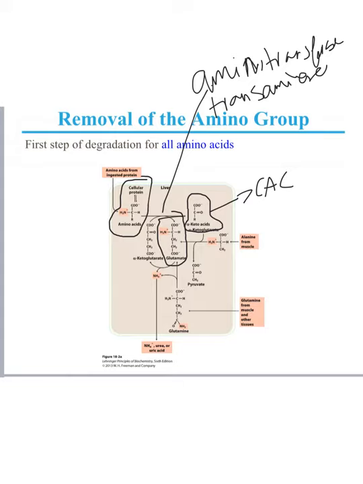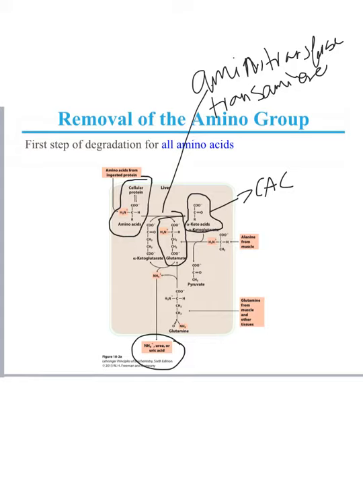Now, one of the options that can happen to that amino group within the cell is that it can ultimately be transferred to ammonia, urea, or uric acid. Most vertebrates excrete their nitrogen as urea.